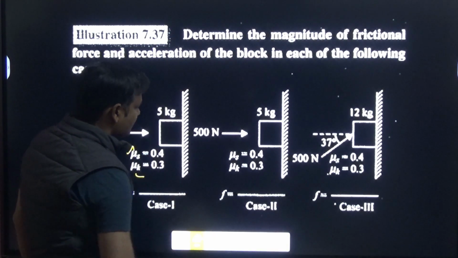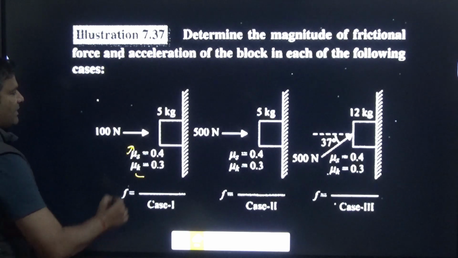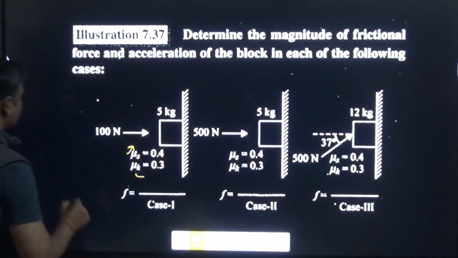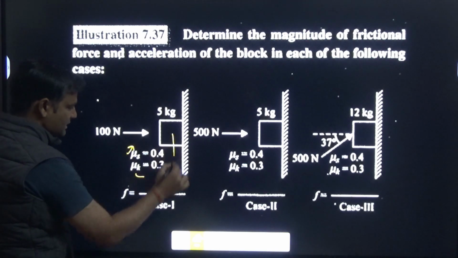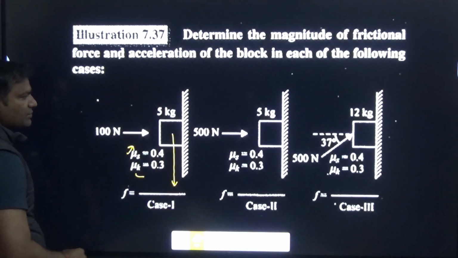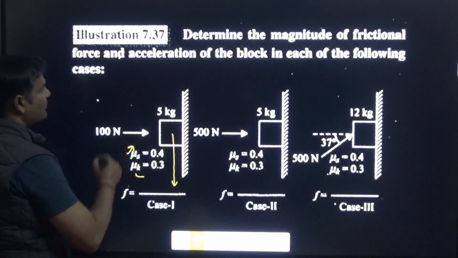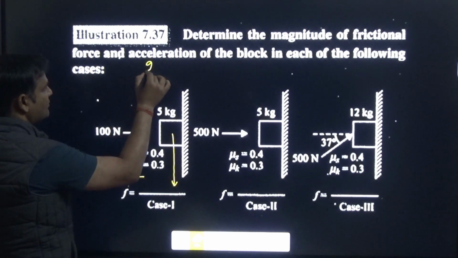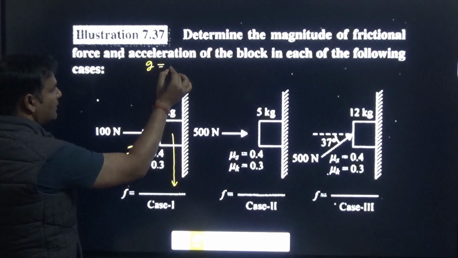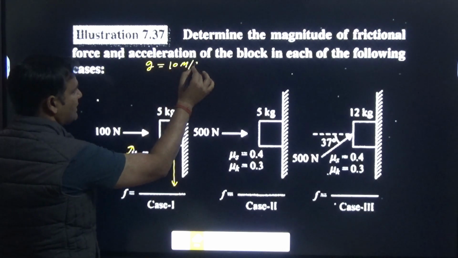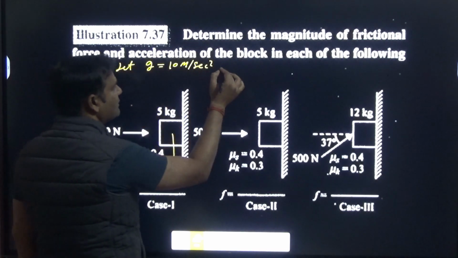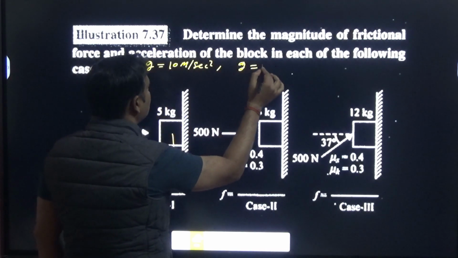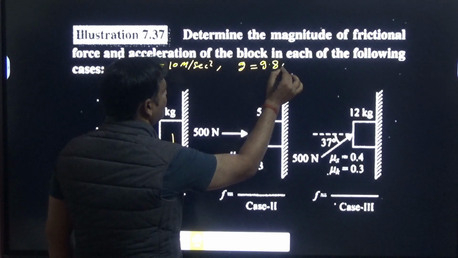So how can we do it? In the first case, if you make the free body diagram of that block, simply mg is always downward. For simplicity, we have taken g equal to 10 meter per second square. Otherwise, you can take g equal to 9.8 meter per second square.